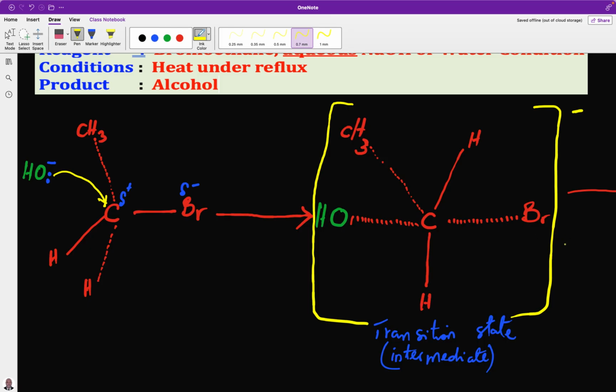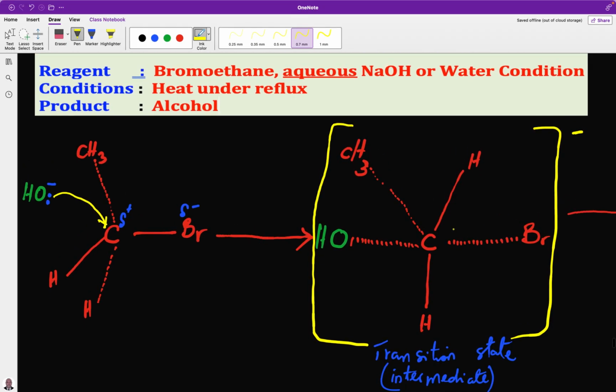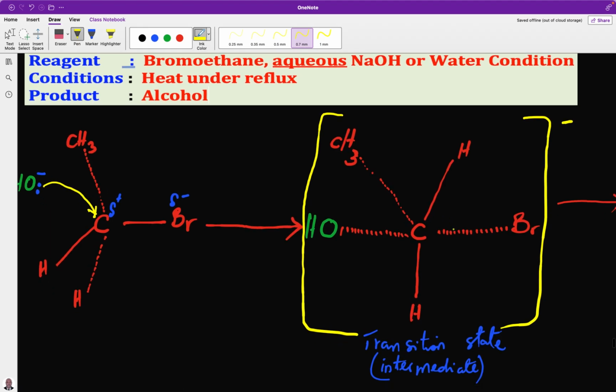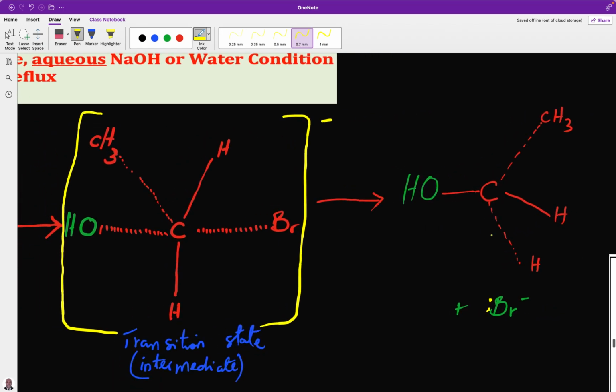By doing that, the nucleophile, which is the hydroxyl group here, has finally substituted the bromine, and that's why we call it substitution with hydroxide ion. When the bromine breaks off, it results in this molecule. And alcohol is the product.